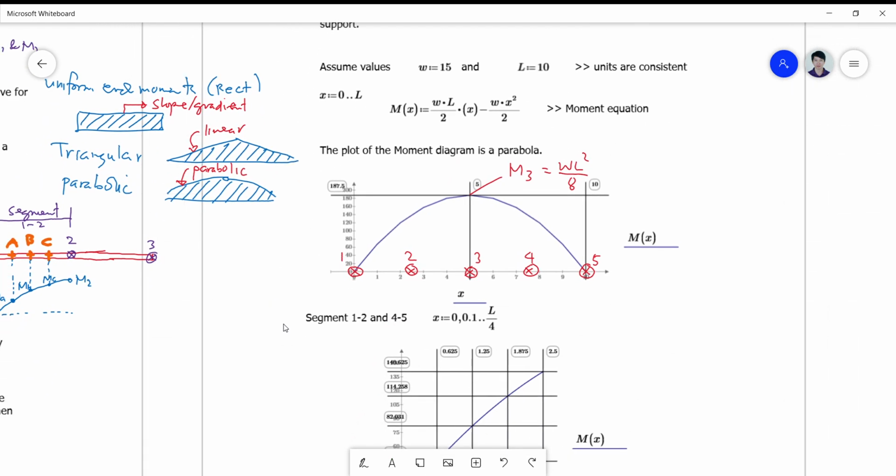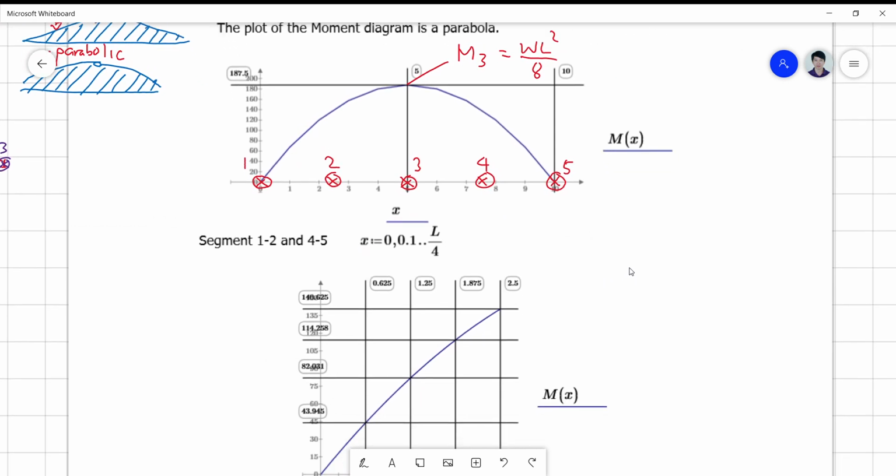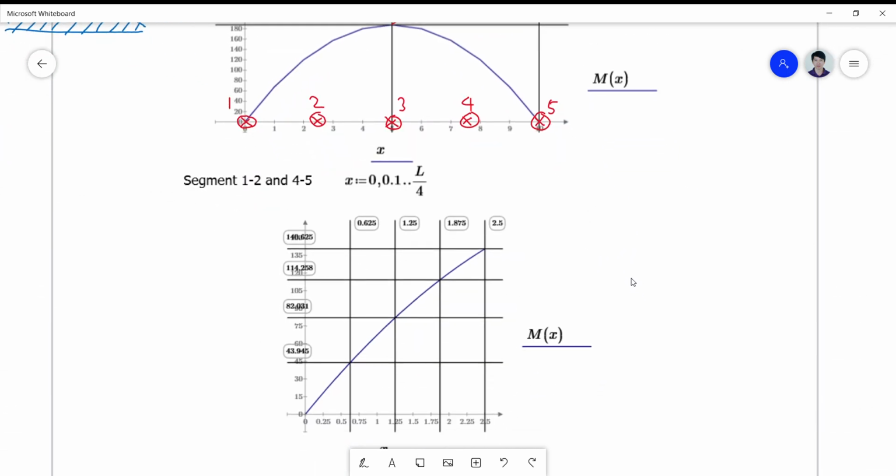Okay, so if I consider now symmetry, I can say that segment 1, 2 is simply equal to segment 4, 5. And segment 2, 3 is just the same as segment 3, 4. So what I did here is I make use of a program to capture automatically my moments MA, MB, and MC. Okay, so these are now the quarter points of your segment, not the quarter points of the beam problem.